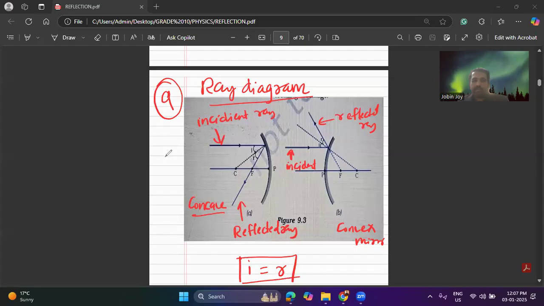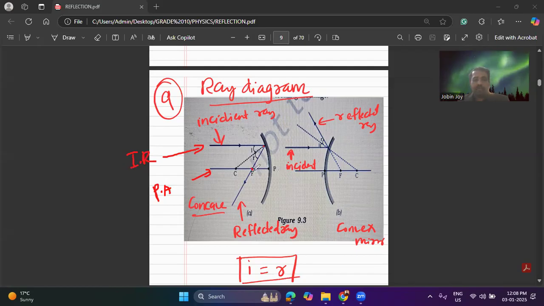Here you can see this is the incident ray, and this is the principal axis. I am writing here, this is the principal axis. Principal axis means it's an imaginary line passing through the center of curvature and pole. So if the incident ray is parallel to the principal axis, I already told you the ray will pass through a point called the focus.